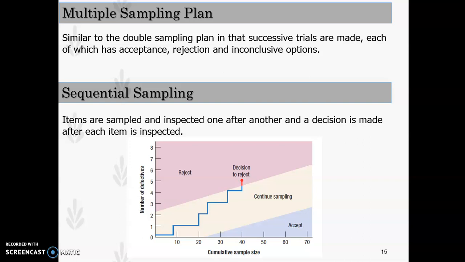That is called a multiple sampling plan. In a subsequent sampling plan, items are sampled and inspected one after another, and a decision is made after each item is inspected. This is subsequent sampling.